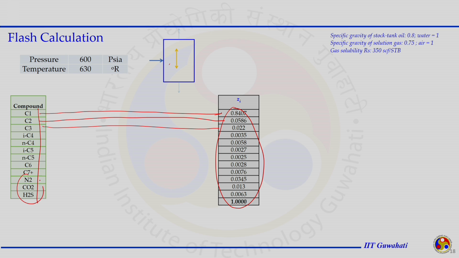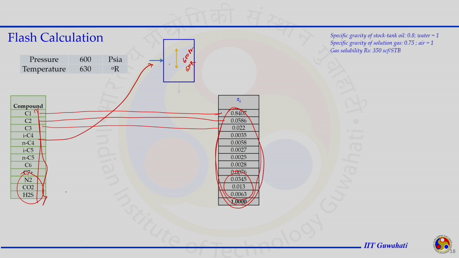It also has some inorganic gases. The separator is set at a pressure of 600 psi and a temperature of 630 Rankine. This is temperature, this is pressure. The feed of this composition is entering a separator. We know the composition Zi.